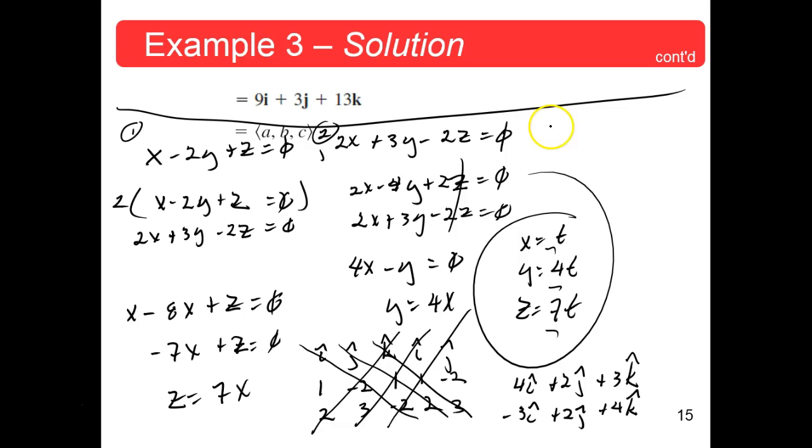Add those together, you get i plus 4j plus 7k. There's your 1, 4, 7. So you can get them that way. I found that a little easier than all the things we did there.